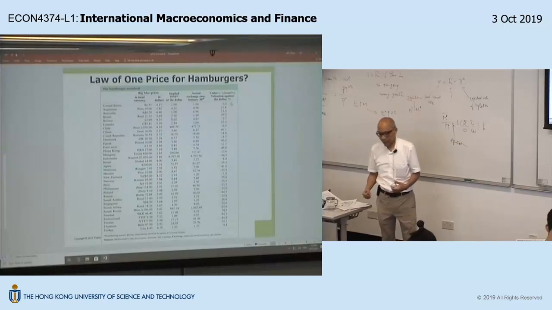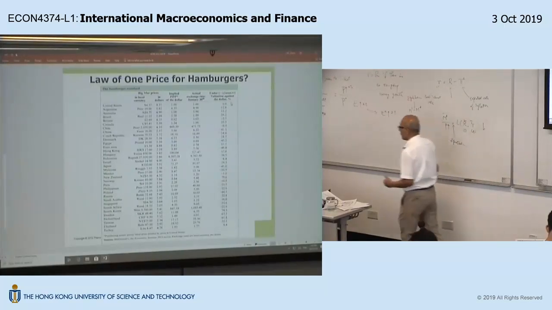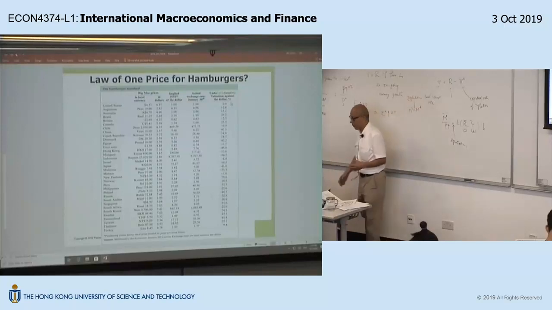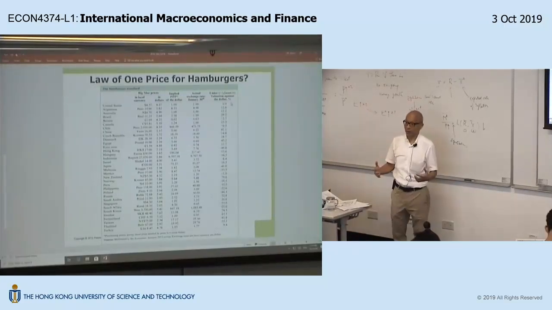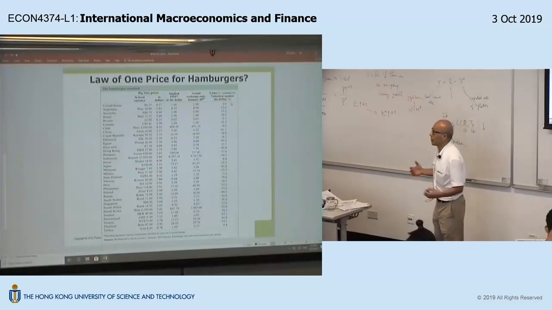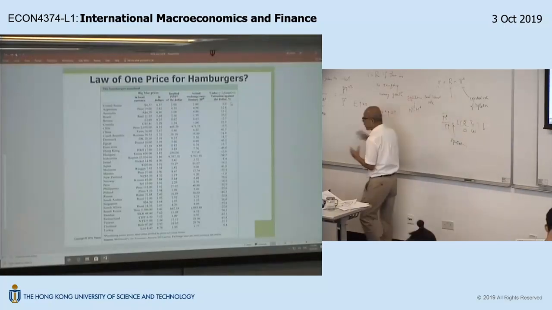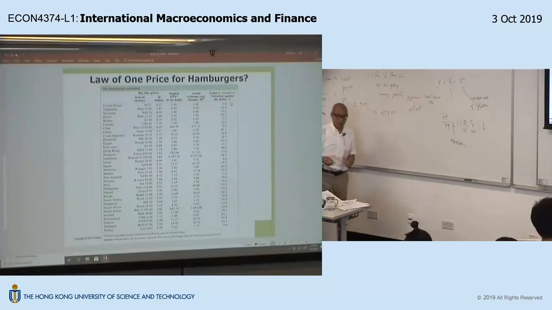But it's a good starting point for us to look at this issue, because later on we're going to modify this law of one price.